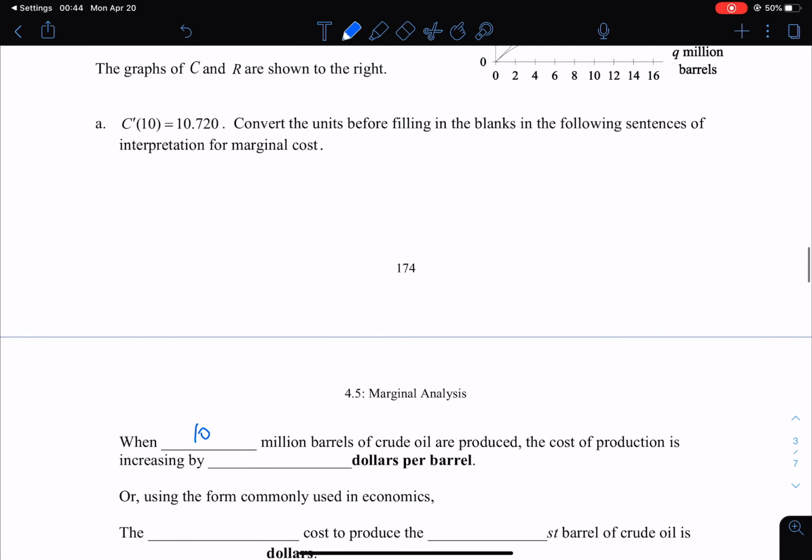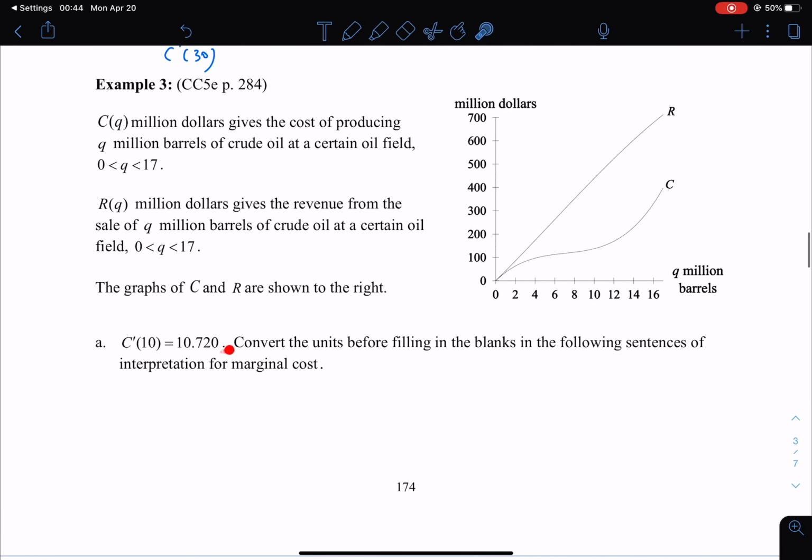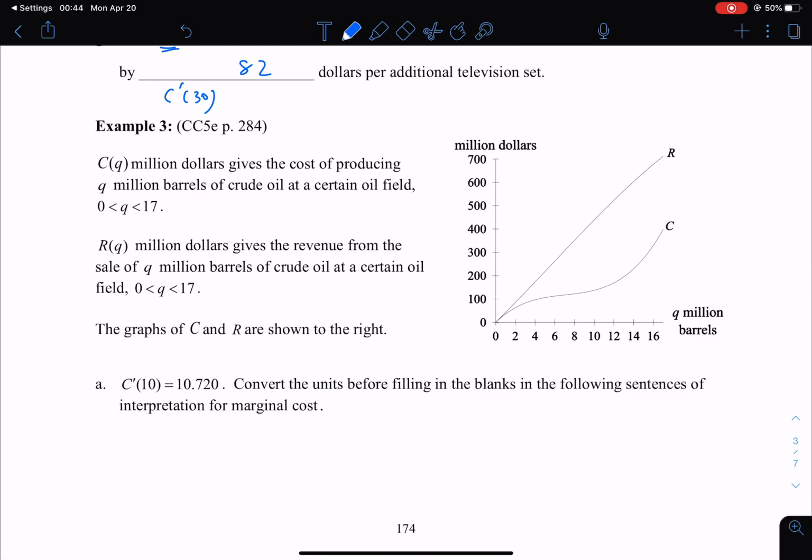But then let's see, what about this one? This one, the cost of production is increasing by dollars per barrel. So here, let's see what is the unit for this one. The unit is output unit per input unit. Output unit is made in dollars.